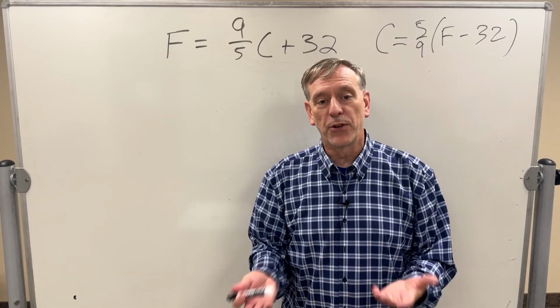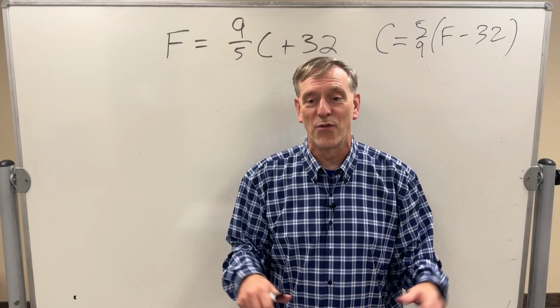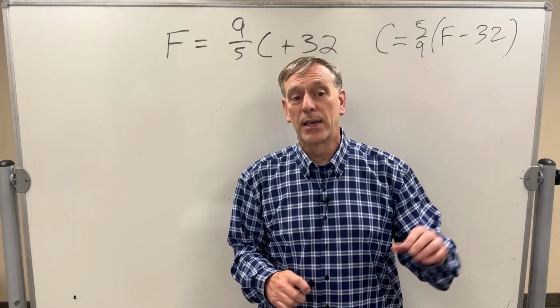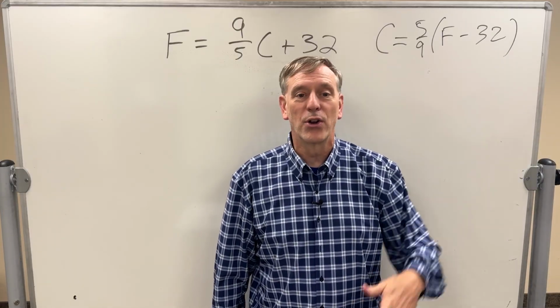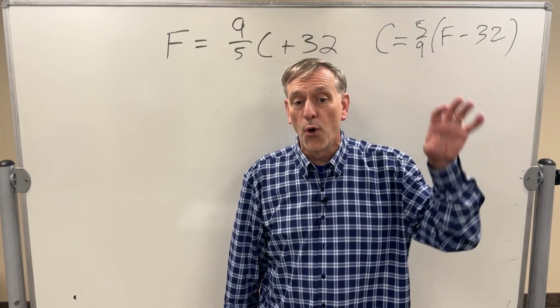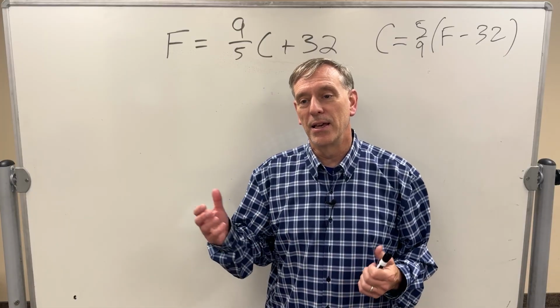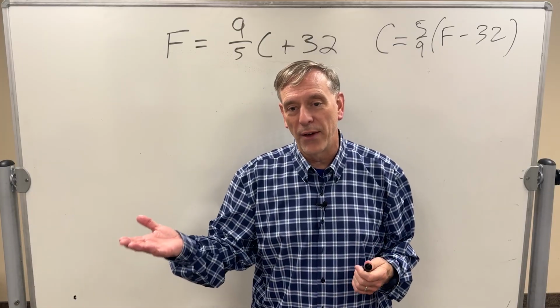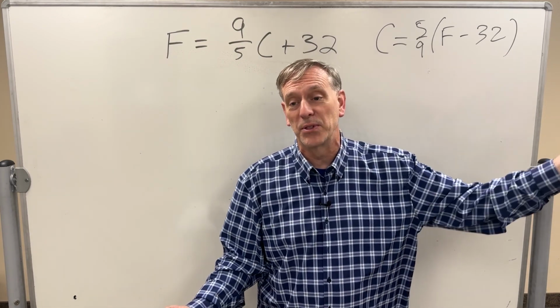Now, we'd be in a different situation if we went to the moon. We could not have this conversation. We'd have to change the conversion because the kilograms would stay the same. 10 kilograms on Earth is 10 kilograms on the moon, but the force due to gravity would change. And the pounds would have to be changed because the pounds on Earth are not the same as on the moon.